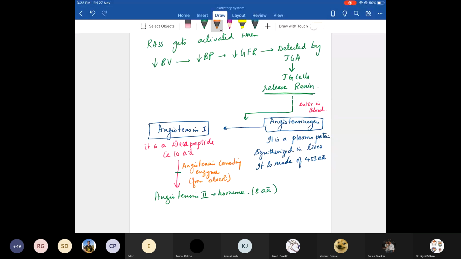Angiotensinogen is a plasma protein that gets converted into angiotensin 1, which is of 10 amino acids. Further, angiotensin converting enzyme from the alveoli will convert angiotensin 1 into angiotensin 2, which is a hormone of 8 amino acids.